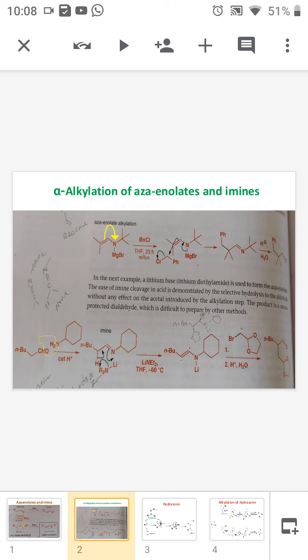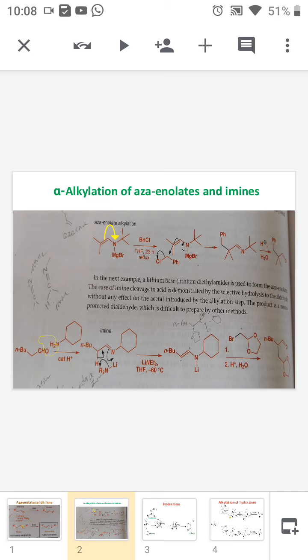And after the asymmetric synthesis, we have to remove the chiral auxiliary, and the carbonyl group is regenerated.